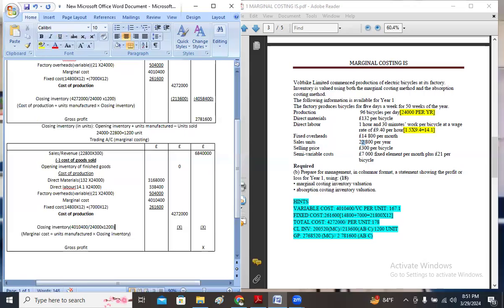That will give me the value of closing inventory under marginal cost, which is 200,520.